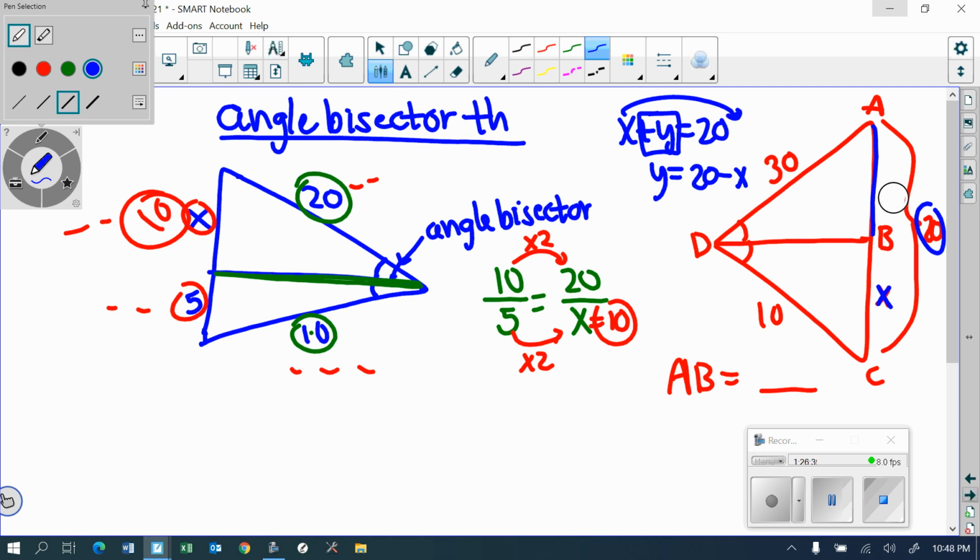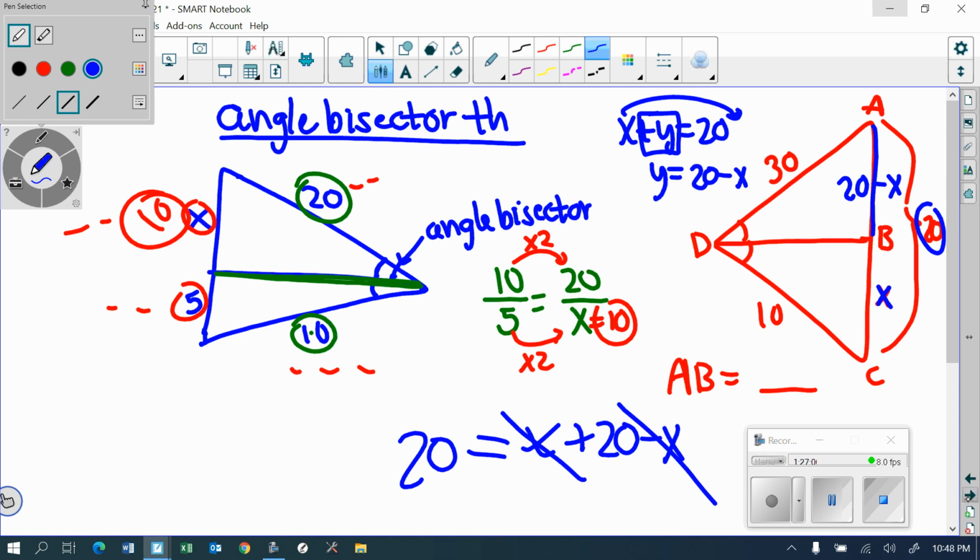So I can rewrite this as 20 minus x, because I want to write it in the same variable. So x plus 20 minus x, what does that equal? Doesn't it equal 20, because the x's cancel out? And there's my 20.